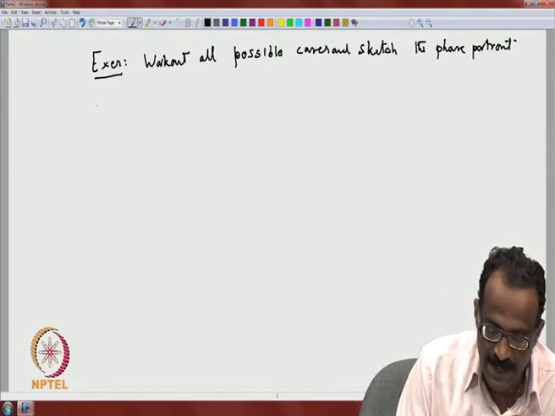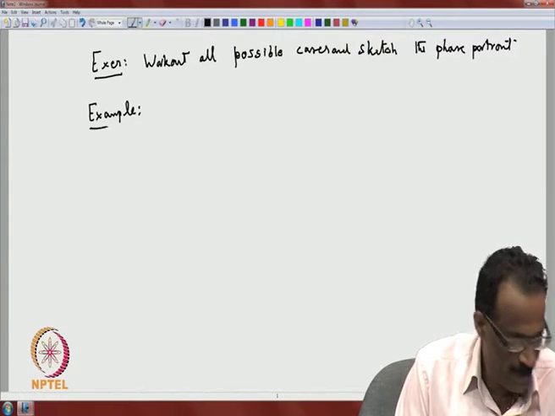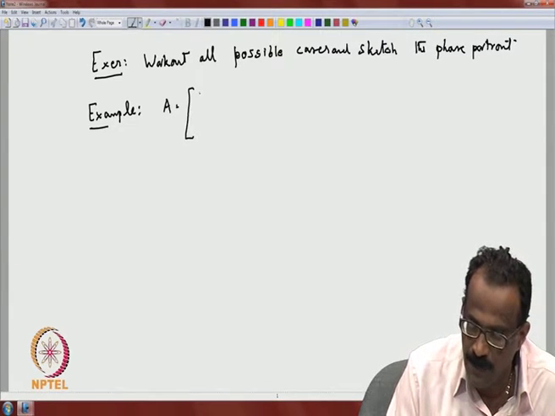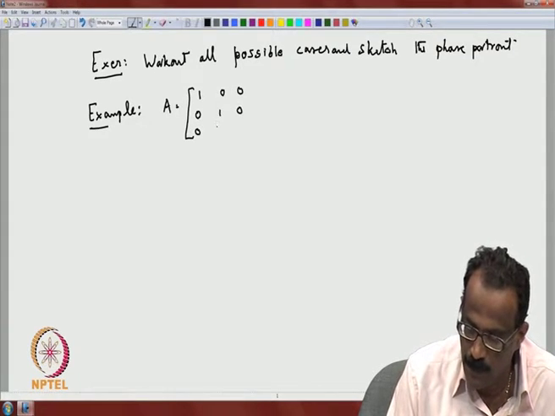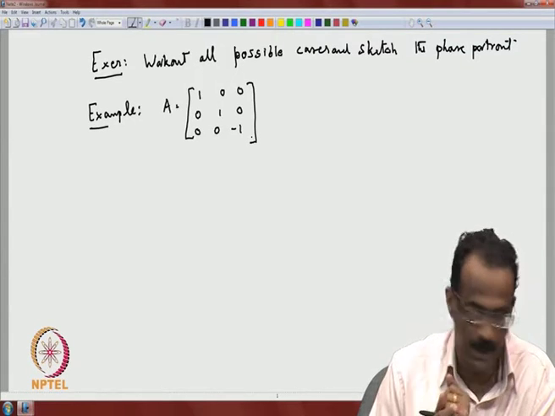So, we will start with an example here, an easy case. A is of diagonal form with entries 1, 1, and minus 1. This is a decoupled system, already decoupled.